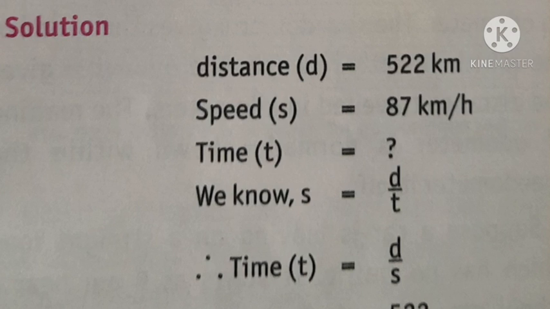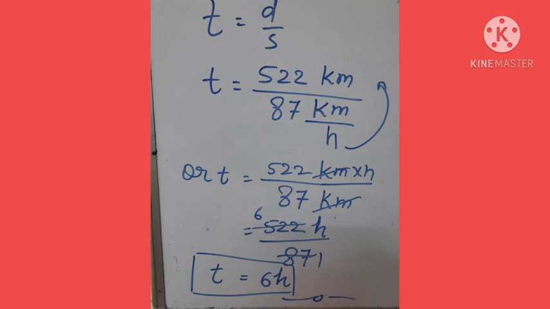Putting the numbers in the formula, d equals 522 km and s equals 87 km per hour. Here kilometer will cancel and h will move to the upside. After dividing 522 by 87, we get 6. So the train will take 6 hours to cover the distance of 522 km at the speed of 87 km per hour.